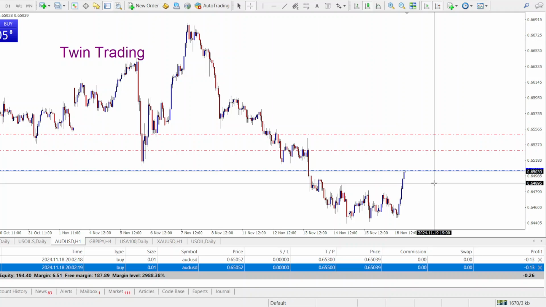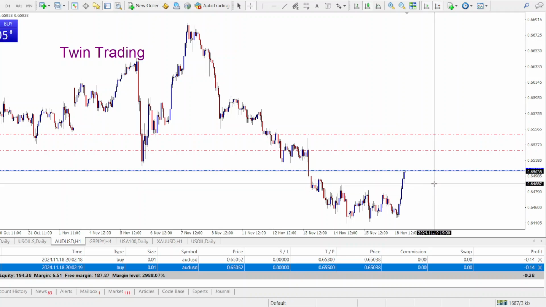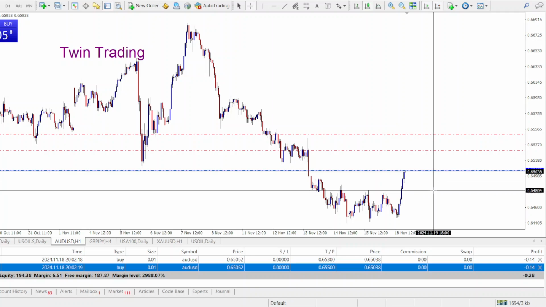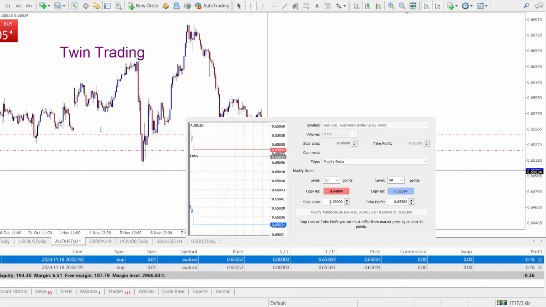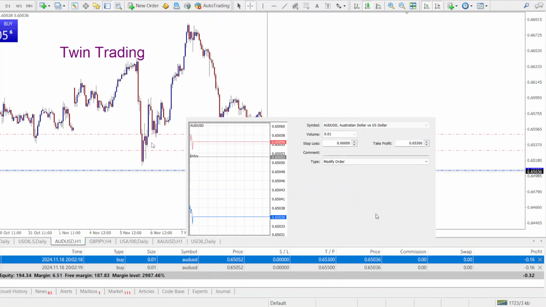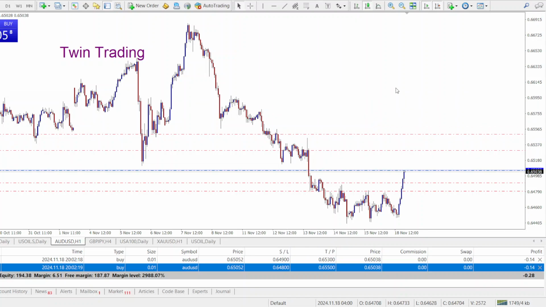So I'm going to use 649 and 648. Okay, so the same identical trades at the same entry point, but different take profits and different stop losses. That's what we call twin trading.